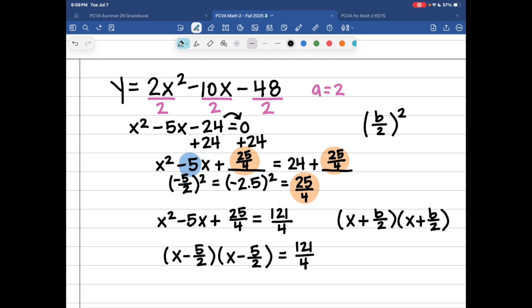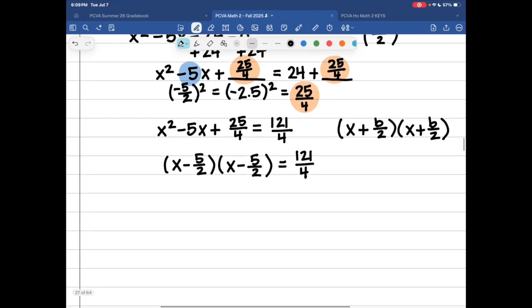So I get that there's a lot of fractions happening here, but the process is still the same. You just got to make sure you correctly apply everything. And I'm going to go ahead and move that back over. I'm going to subtract that 121 over 4 to get it in vertex form. And again, this vertex form is not going to be the best just because it is a fraction, but if you had to do it, it's not impossible.